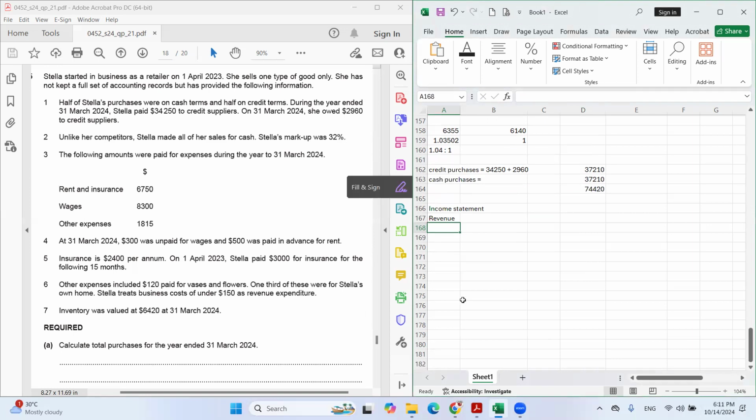So use the markup information. So we have less cost of sales, no opening inventory because she just started the business. Purchases we already have, which is given on top. So the total, this purchases amount, less closing inventory. So our closing inventory is, let's see what the information is.